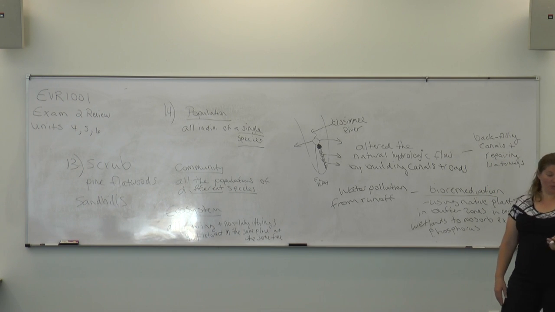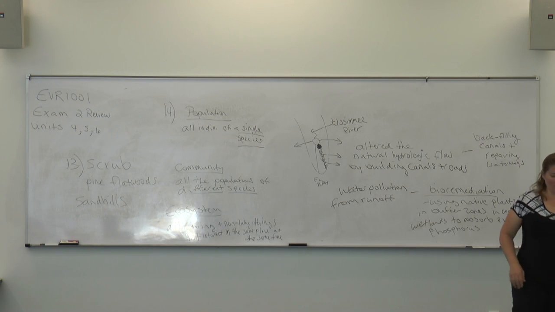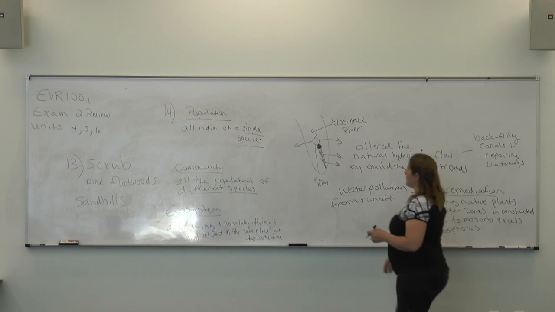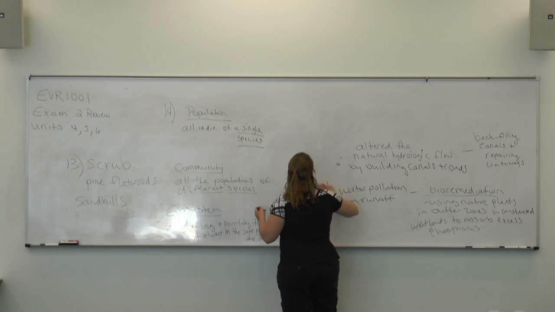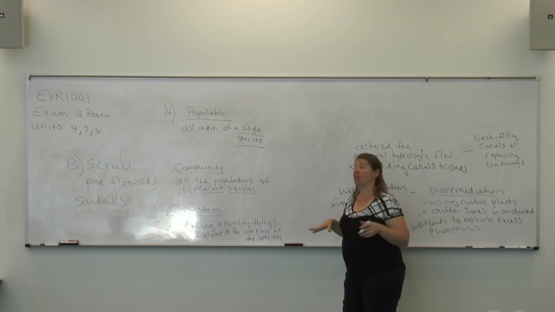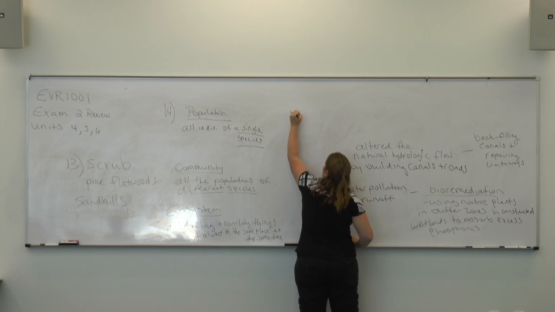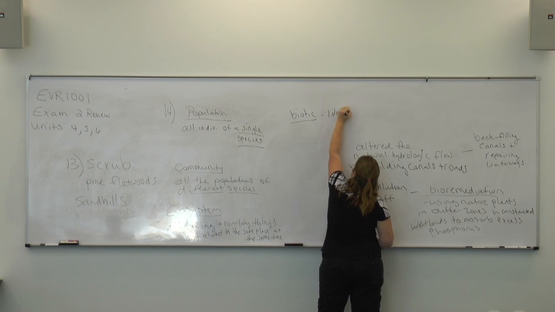Okay. So now building on that takes us to number 15, differentiating between biotic and abiotic factors. Biotic is a fancy way of saying what? Living things, right? So biotic factors are living things. What are some examples?